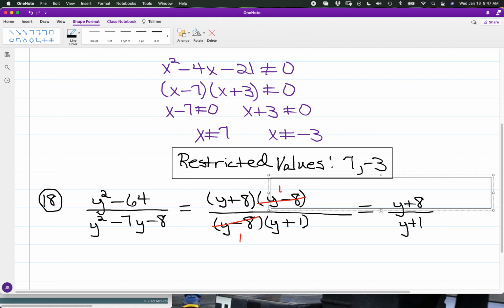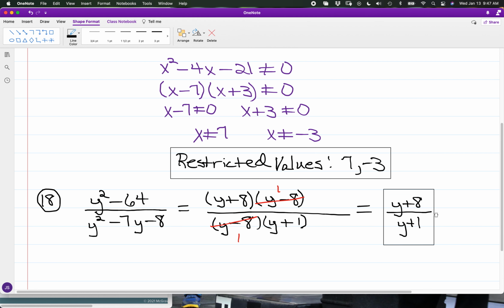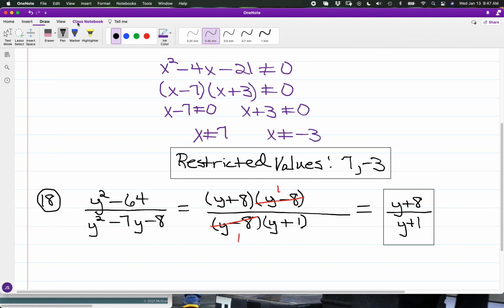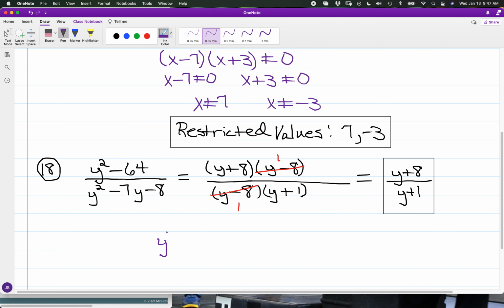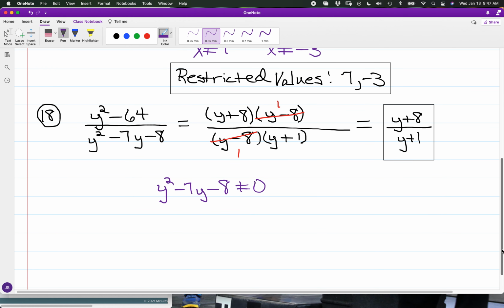And in terms of looking at the restricted values, again, we cannot have a zero-valued denominator. So again, y squared minus 7y minus 8 cannot be equal to 0. And so again, we're looking at factoring once again.